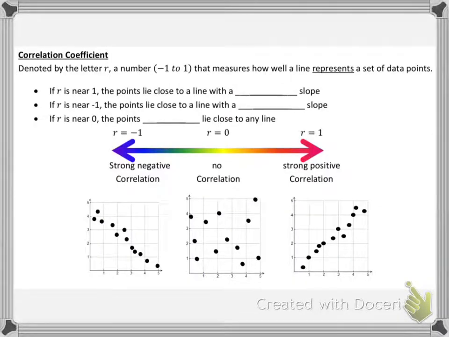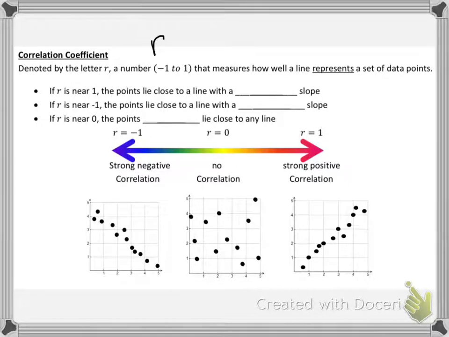Now, the correlation coefficient is usually represented by the letter R. You can tell whether the correlation coefficient has a strong negative correlation or a strong positive correlation, and the closer it is to the middle, or zero, the weaker it is.